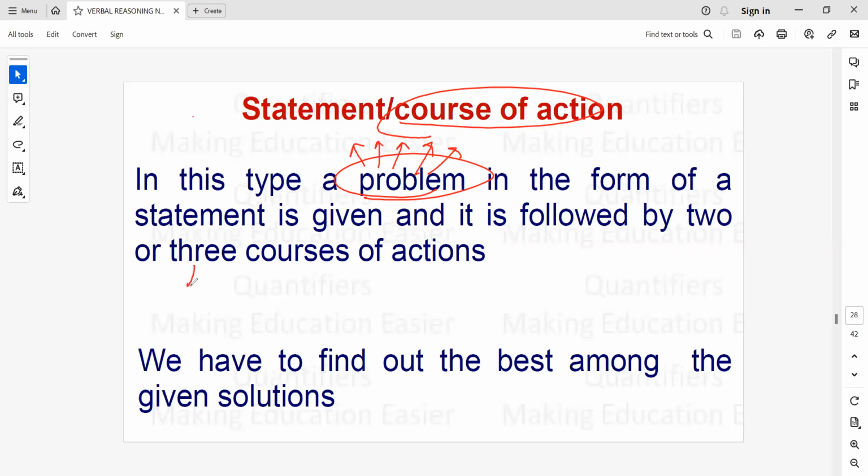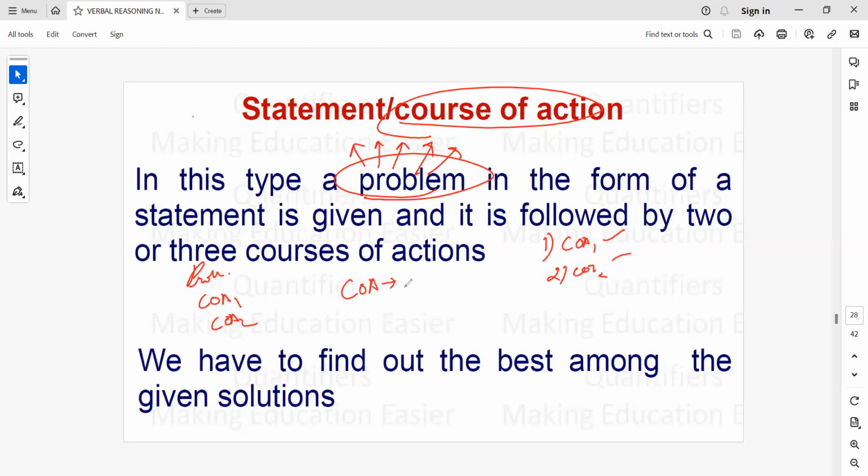So a problem is given to you, and then there's a course of action 1 and course of action 2. The options remain the same: mark 1 if only course of action 1 is true, mark 2 if only course of action 2 is correct, either or, neither nor, and both. Now let's understand what a course of action is.